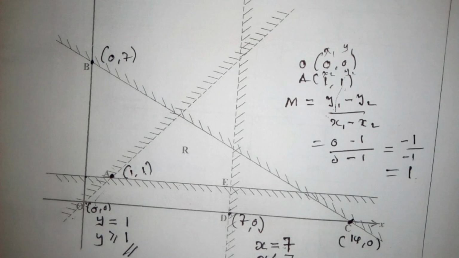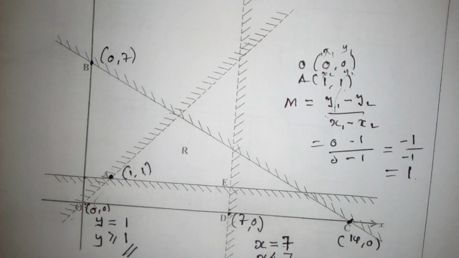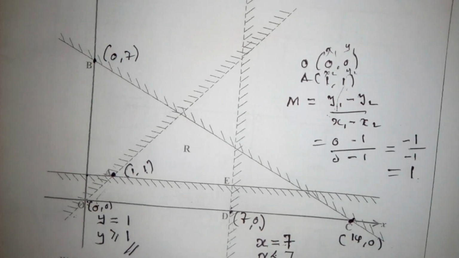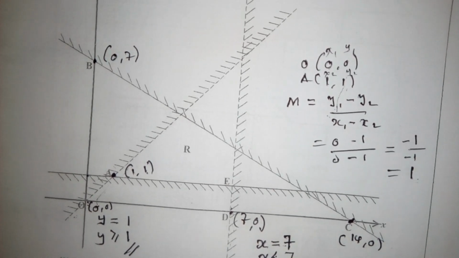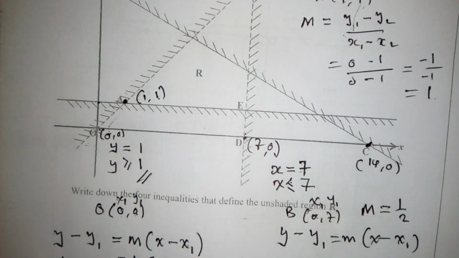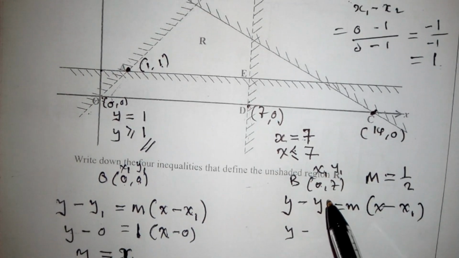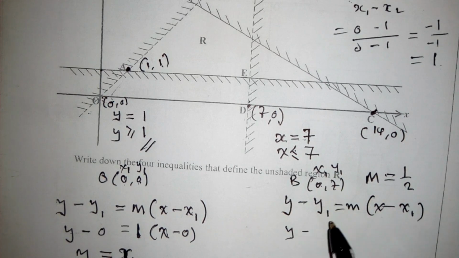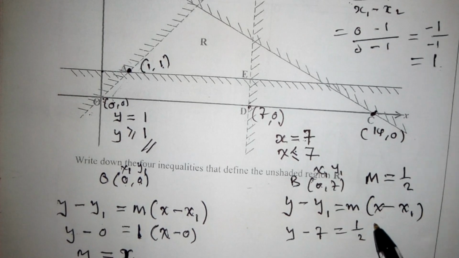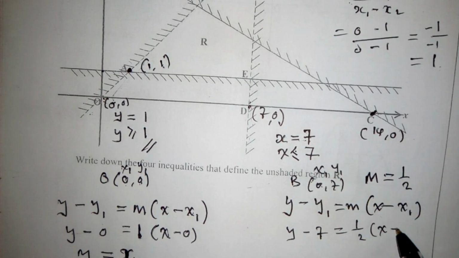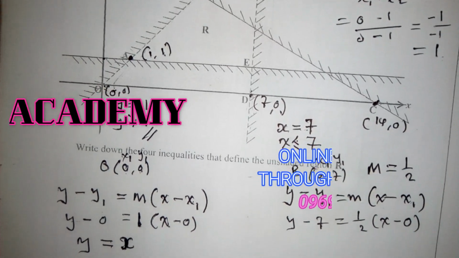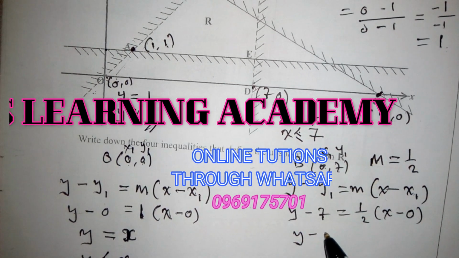I'll pick the one on top, which is 0, 7, which is our b. So this would be my x sub 1, and this y sub 1. Now I can plug things in. y minus y sub 1, which is 7, is equal to m, the gradient 1 over 2, times x minus x sub 1, which is 0.